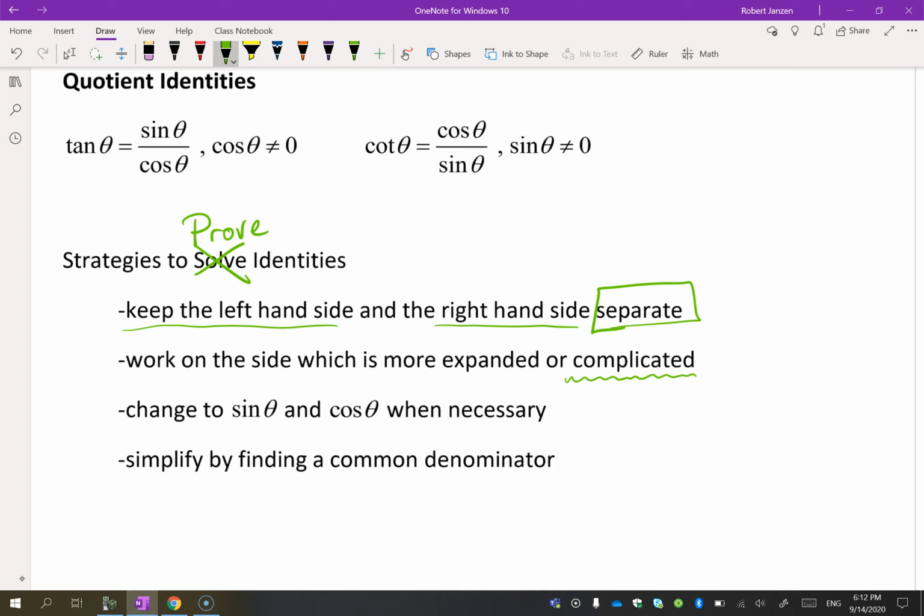A lot of times you change to sine and cos. And then this last one, I said simplify by finding a common denominator. I'm going to say perform operations. So if you see an addition sign, add. If you see multiply, multiply. Perform the operations that are shown.